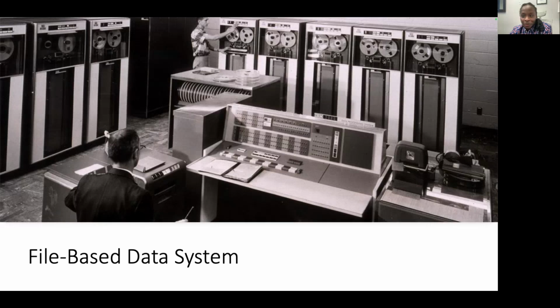So fast forward, we went down to the file-based data system. The early computers era is about the 1950s to 1960s. Data was stored, as you can see back there, in flat files or on magnetic tapes or disks. Access was sequential, and it was hard to search or modify, because you can imagine trying to find a place on the tape.